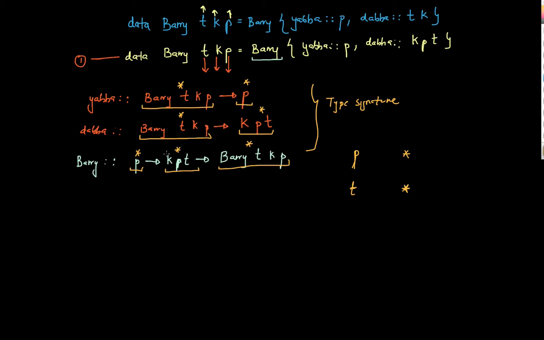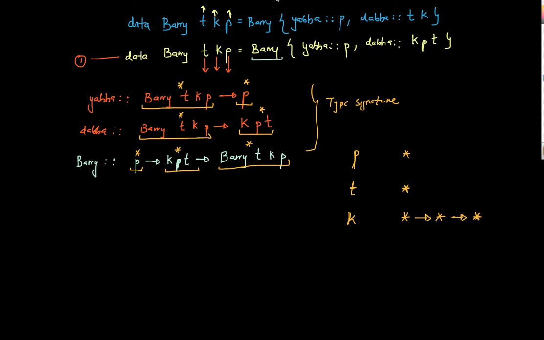And the kind for k is that it takes in some star followed by some star and gives you back as an output another concrete type.